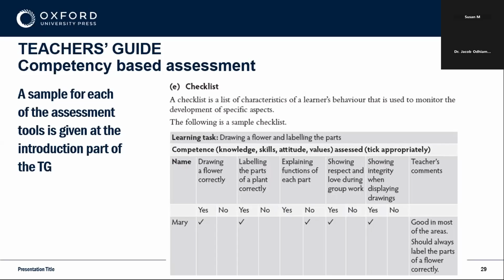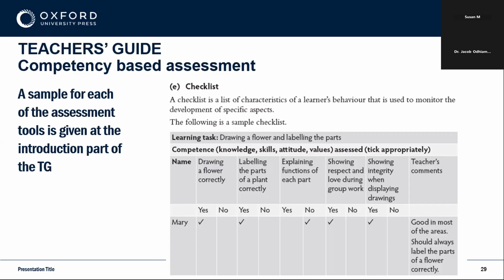And then the checklist asks: was the learner able to draw a flower correctly? Was the learner able to label the parts correctly? Was the learner able to explain the functions of each part, maybe orally or in writing? It can also be used to assess a competence or value.